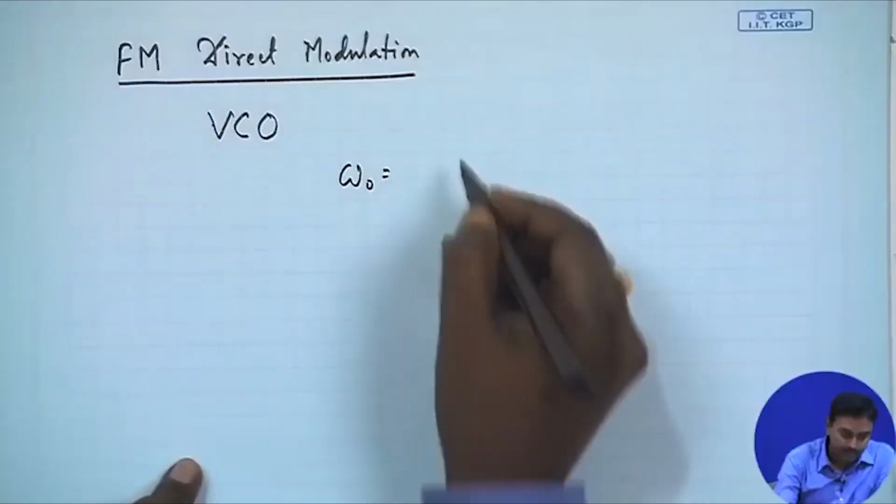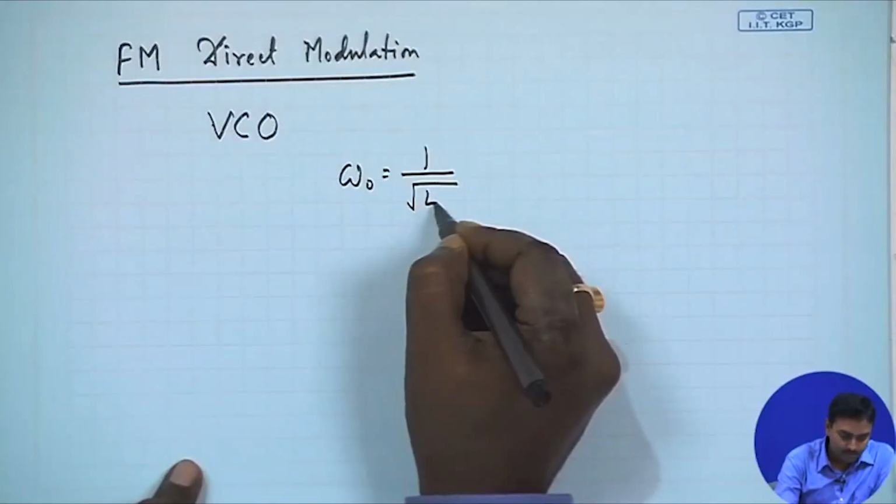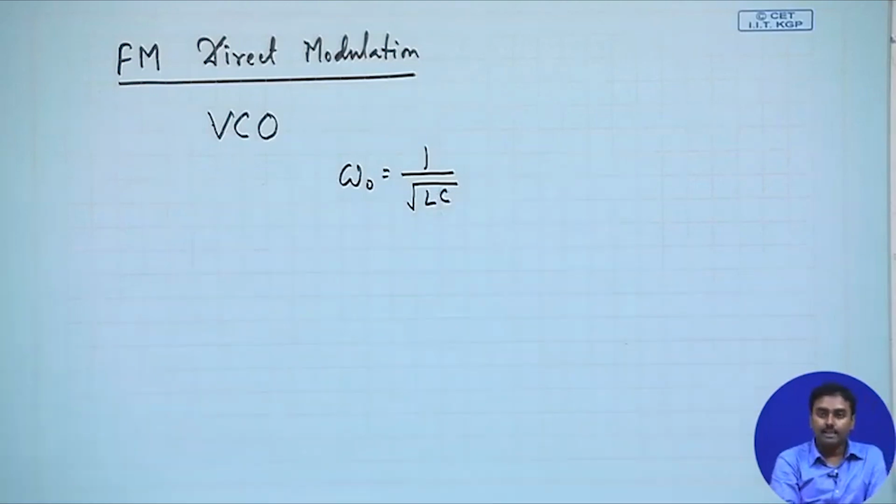Okay. So, generally an oscillator is designed by a combination of inductor and capacitor, right. So, this is something we all know. In any oscillator, either Hartley or Colpitts oscillator, our oscillation frequency is generally given by this, where L is the inductor and C is the capacitor.